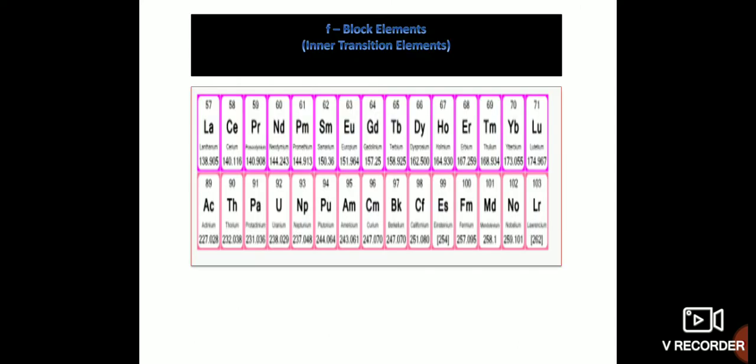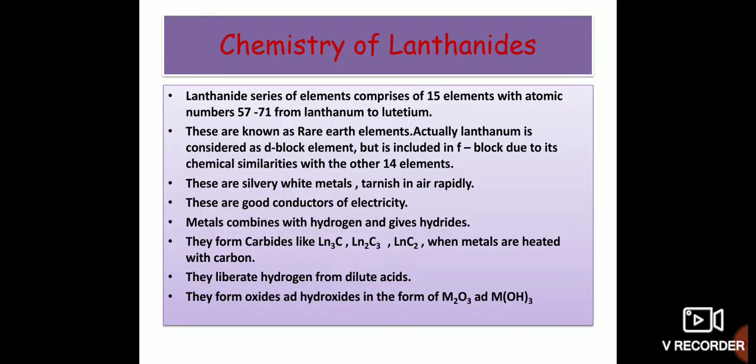This table shows the lanthanides and actinides. Lanthanides start from 57 lanthanum and end with 71 lutetium, whereas actinides start from actinium 89 and end with lawrencium. The details of the elements will be seen while studying electronic configurations.